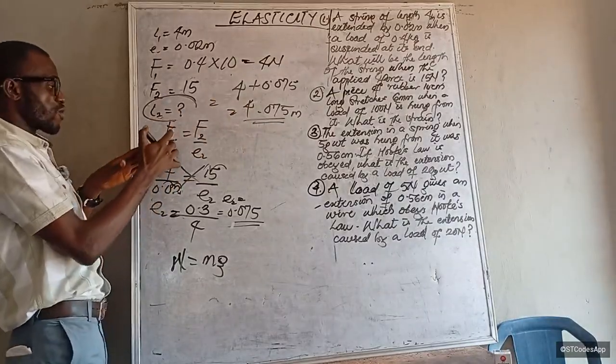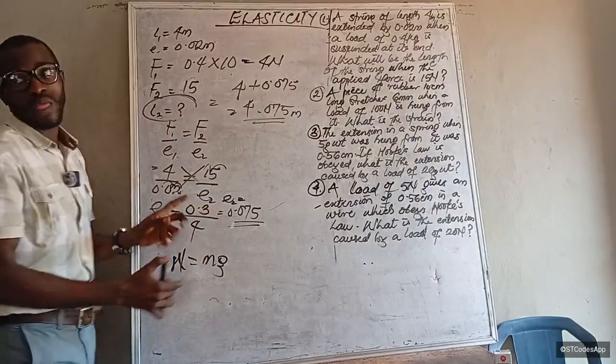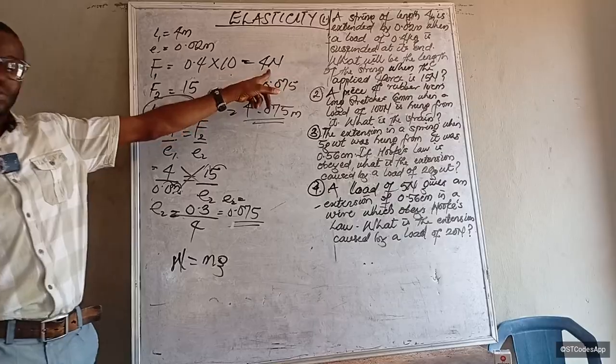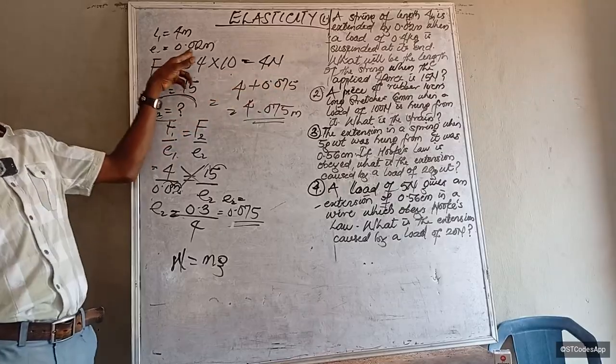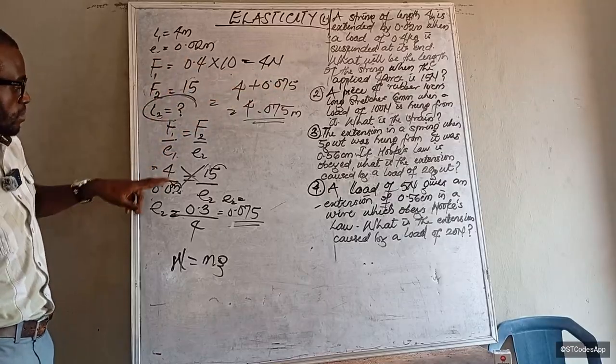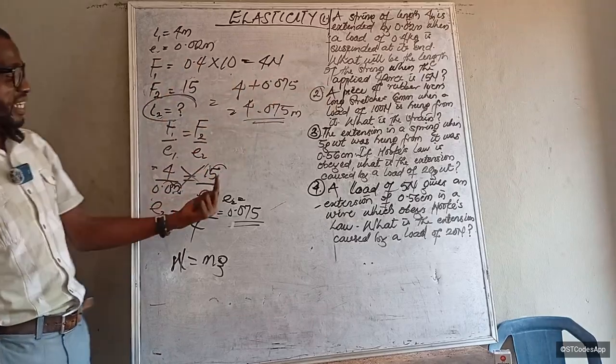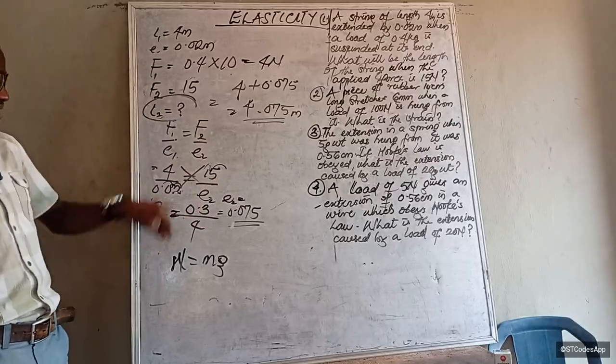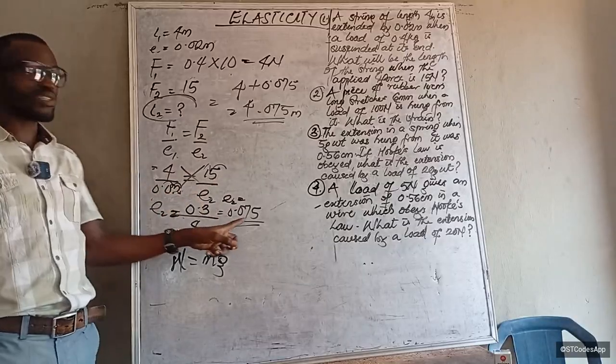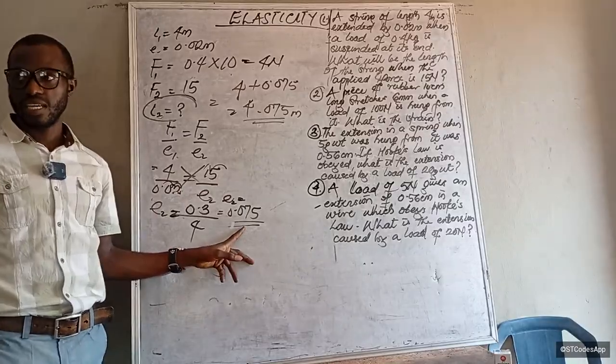So I will now take the ratio of the force and extension because it's constant. So F1 over E1 will be equal to F2 over E2. F1 is the first force over E1, the extension it produced, is equal to F2, which is the new force, over the extension that one produced. That's what we're looking for. So the extension it will produce is this many meters.